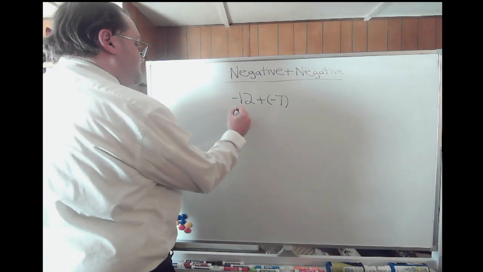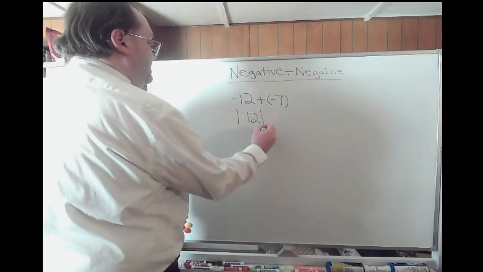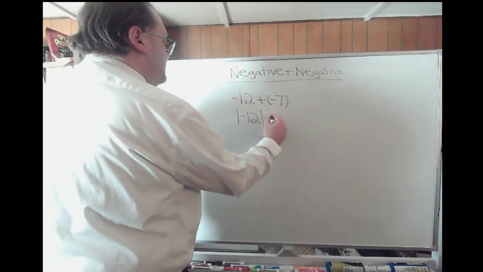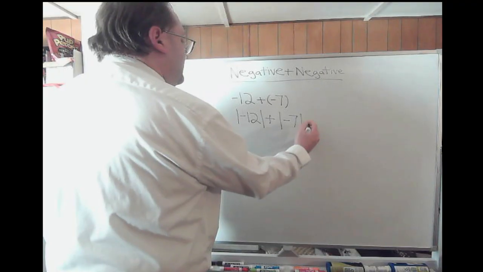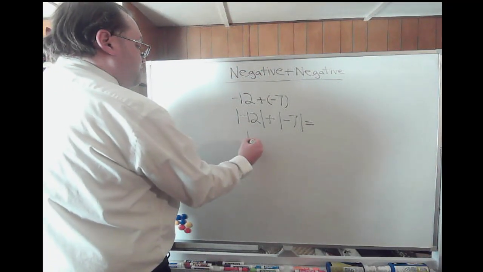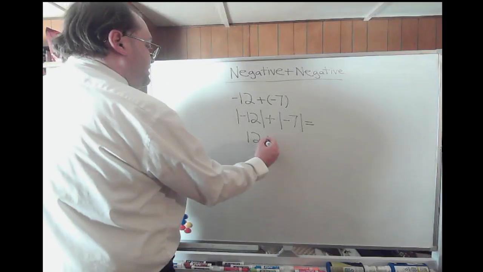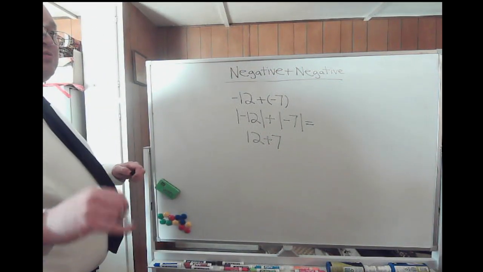What you want to do is take the absolute value of both numbers if they're both negative, right? So we'll have the absolute value of negative 12 plus the absolute value of negative 7, which is going to be equal to 12 plus 7. The absolute value brackets act just like parentheses.